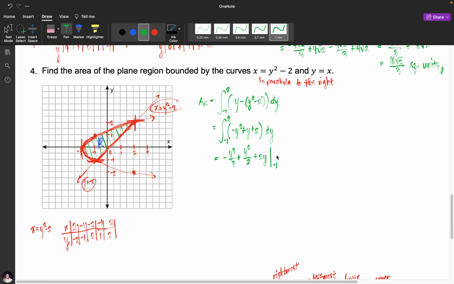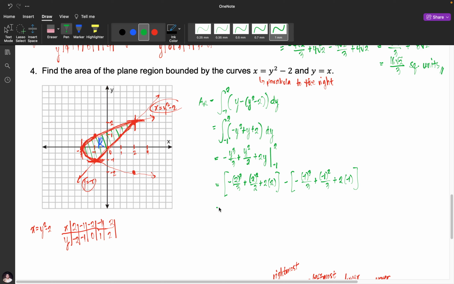Evaluated from negative 1 to 2. Okay, so same process, substitute. So this is negative of 2 cubed over 3 plus 2 squared over 2 plus 2 times 2. Okay, minus negative of negative 1 cubed over 3 plus negative 1 squared over 2 plus 2 times negative 1.